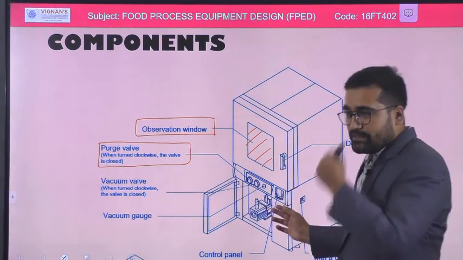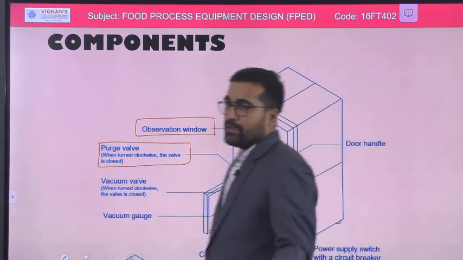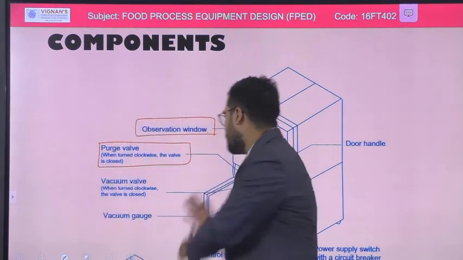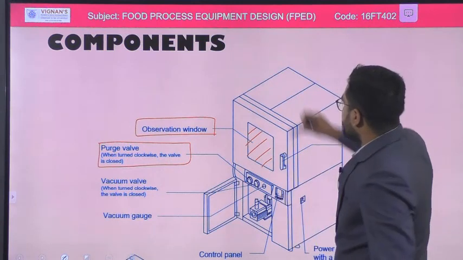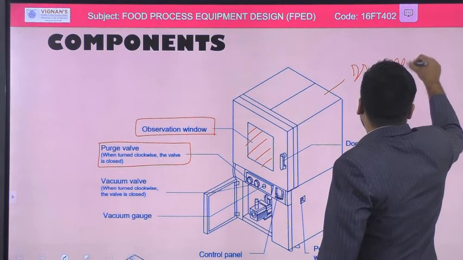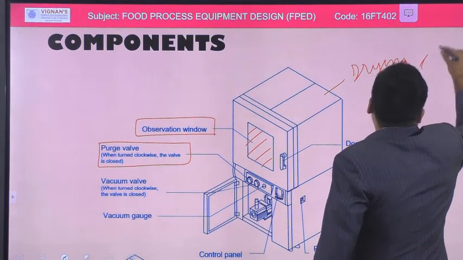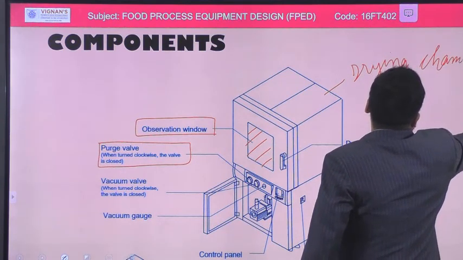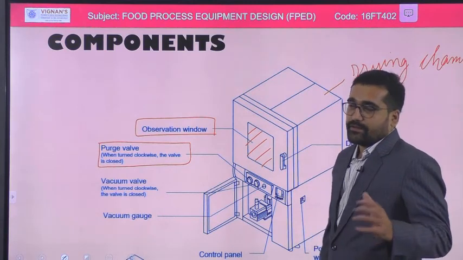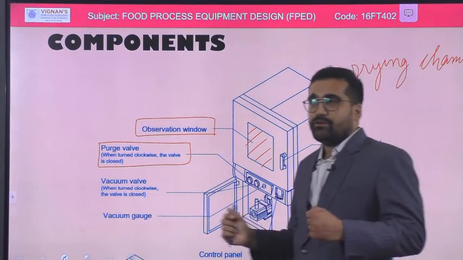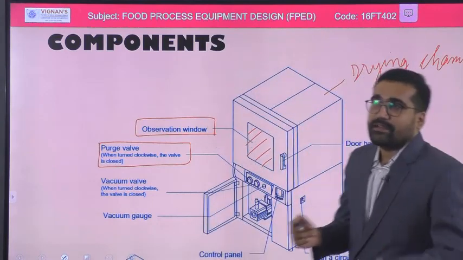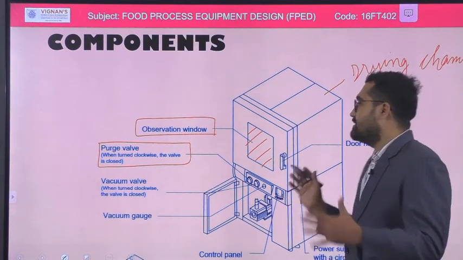Before drying, we purge out whatever air is present inside the drying chamber, and before opening the door, we need to purge again so that we can achieve atmospheric pressure inside the chamber.